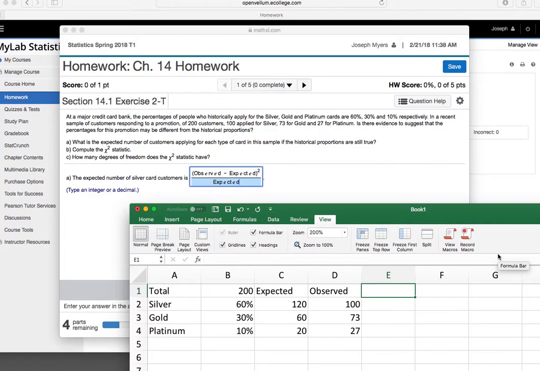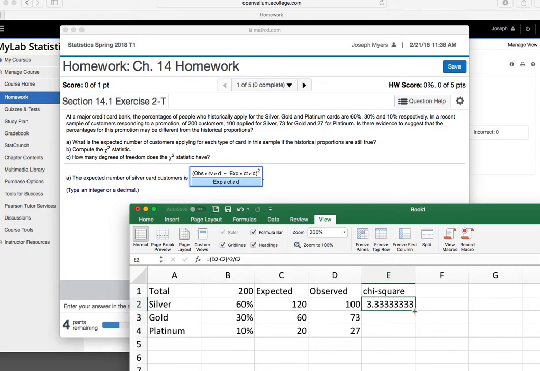So that equals parentheses observed, so that's 100, minus expected, that's 120, parentheses squared, divided by the expected. Boom.